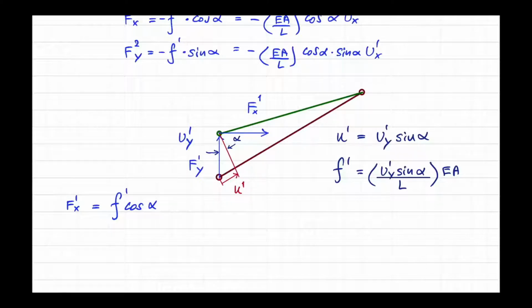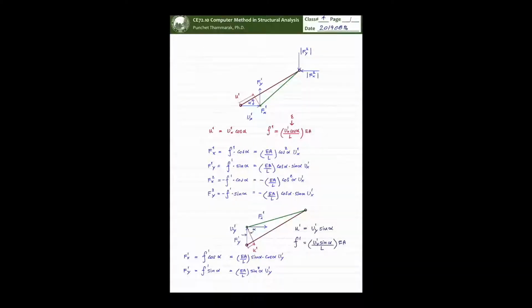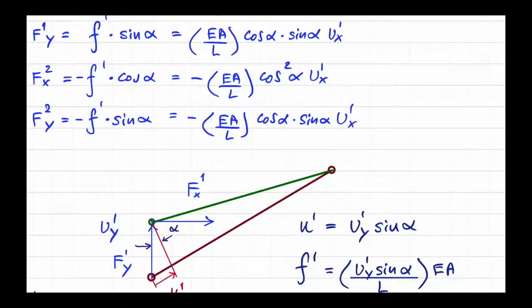That is going to make EA over L, we have sine there, okay? So we have sine alpha times cosine alpha u1y. F1y is equal to sine alpha, alright? EA over L sine square alpha u1y.